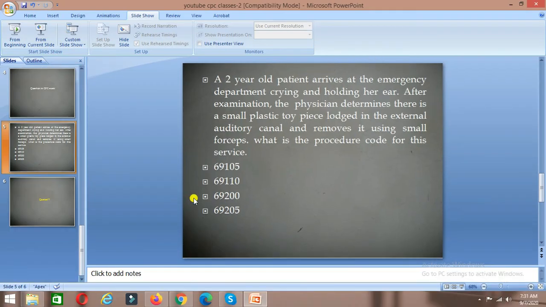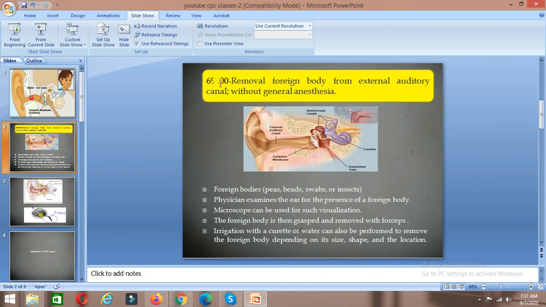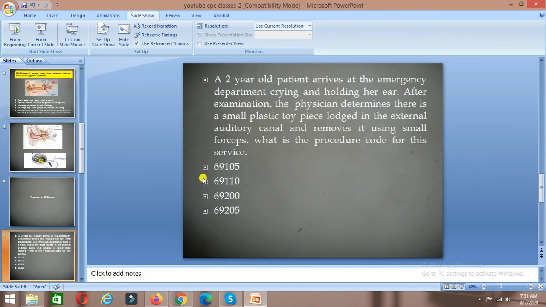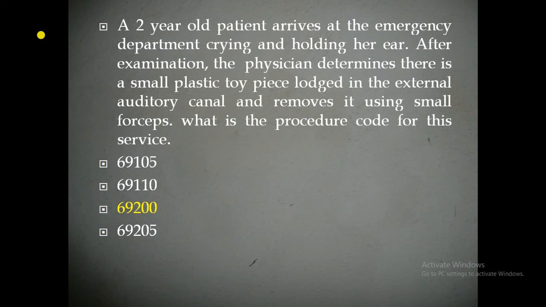So the correct answer for this is 69200, right? Removal of the foreign body from the external auditory canal without anesthesia. Like this we have to identify what method and where is the location of the foreign body, and then the question will be like this, and the answer is 69200.